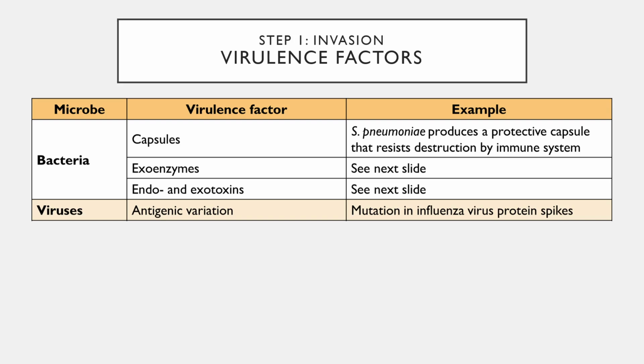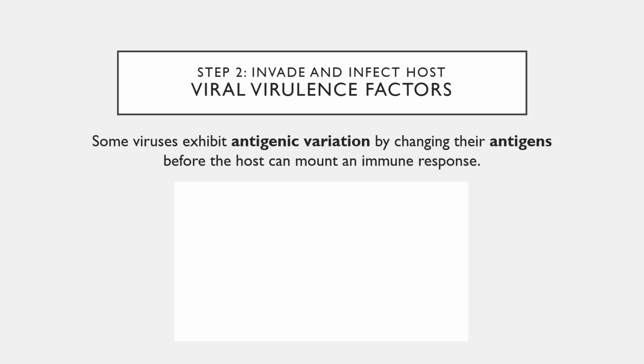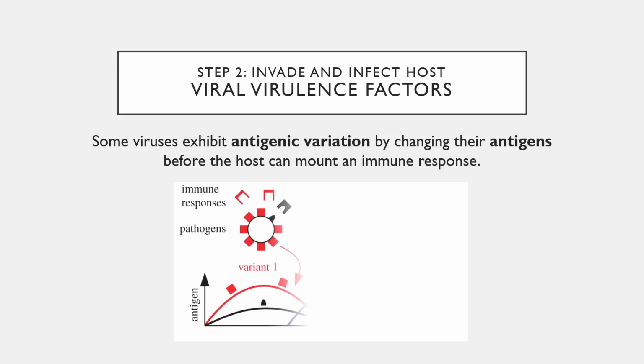The protein spikes of influenza virus are constantly mutating. Antigenic variation describes the way in which viruses can change their antigens or surface proteins, and this prevents the host cell's immune system from retaining a permanent memory of what the virus looks like, because it's always changing.